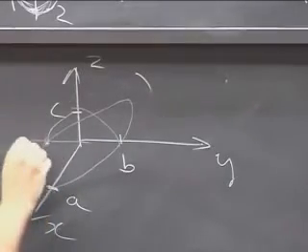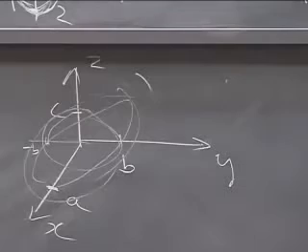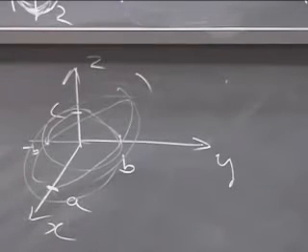Goes through minus b. It's a pretty poor drawing. But think of it as a sphere that's been stretched and squished along the coordinate axes.